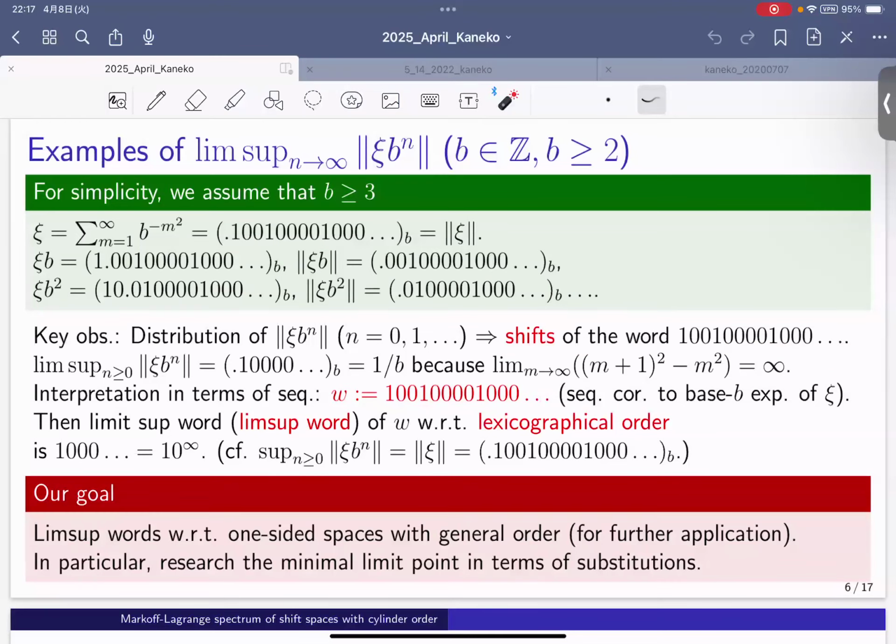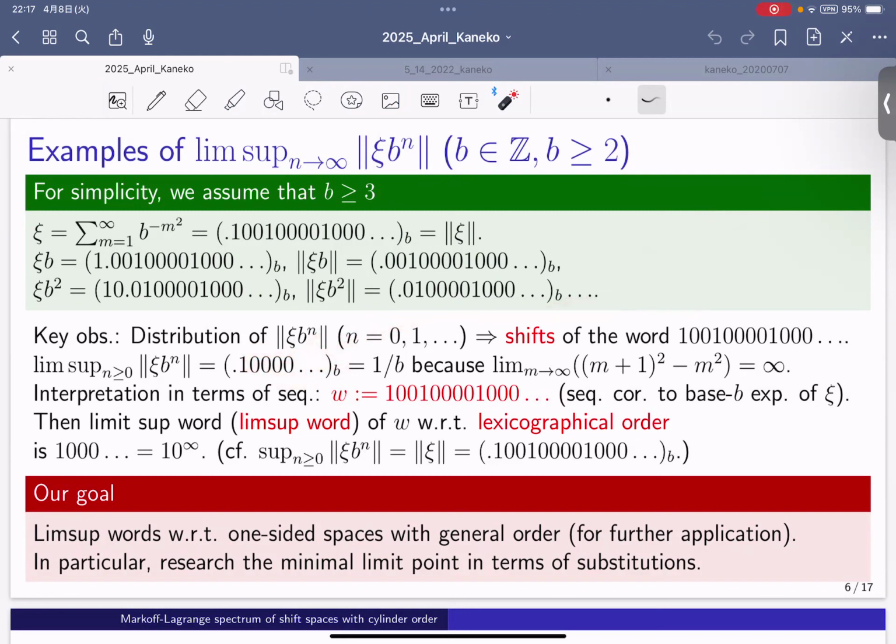And considering the limsup, it corresponds to 1 0 0 0 0, because this gap goes to infinity, since the gap is written by (m+1) squared minus m squared. This tends to infinity. So the limsup word is written as 1 0 infinity.